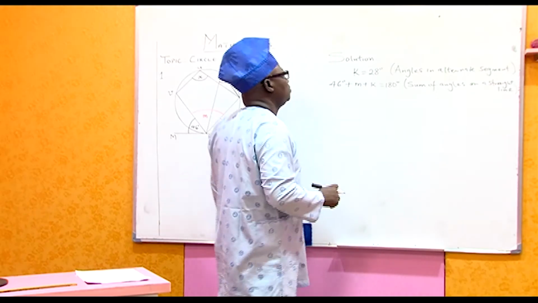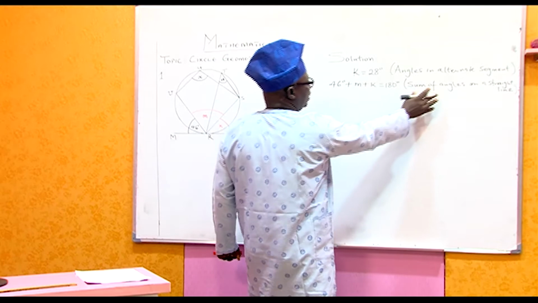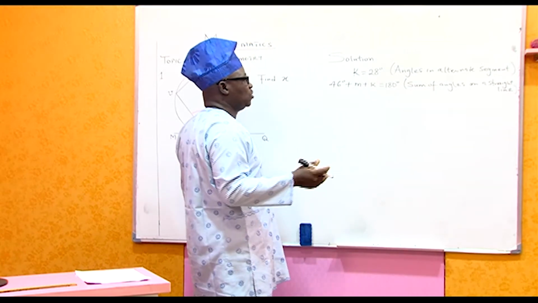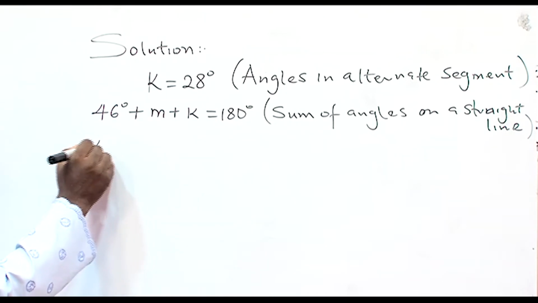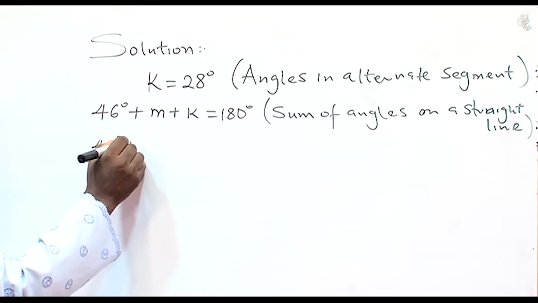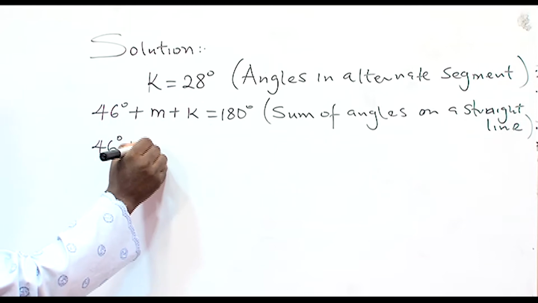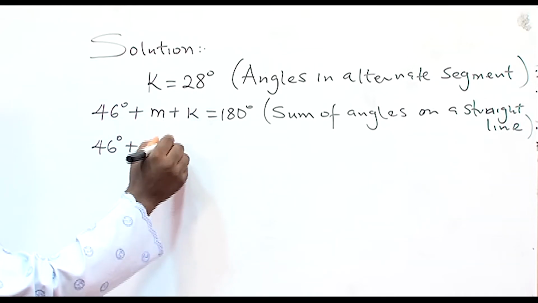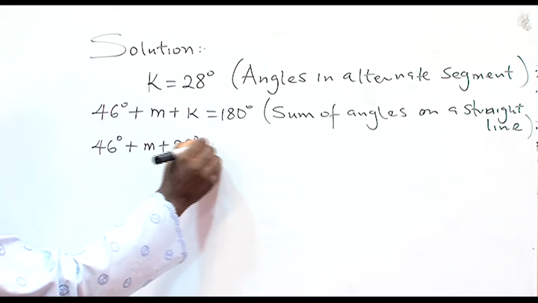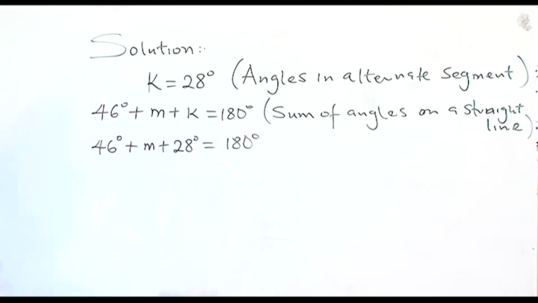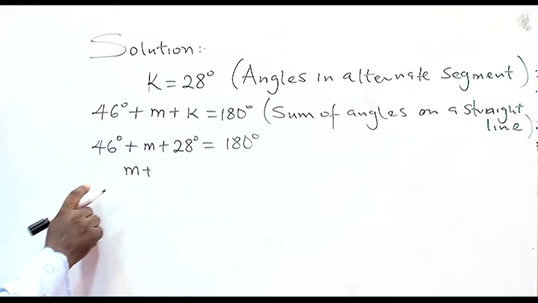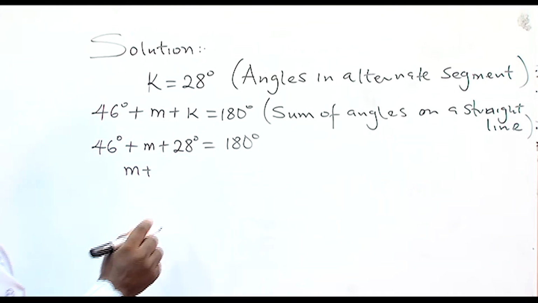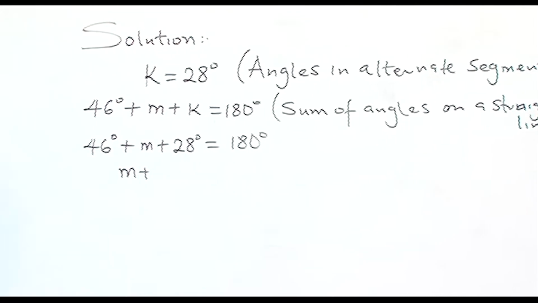The reason for our decision is important. Examiners want to see it. So we continue from this line, 46 degrees plus M. Our K is 28, so we change it to 28. All is 180 degrees. So we can say M plus 46 plus 28. 46 plus 28 is 74.